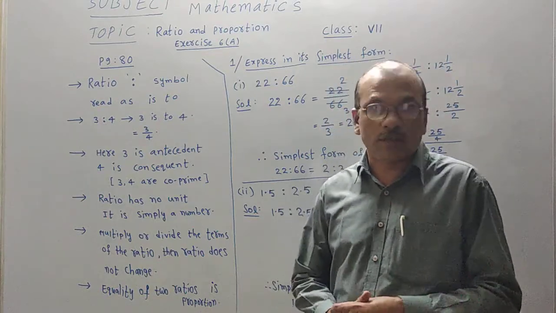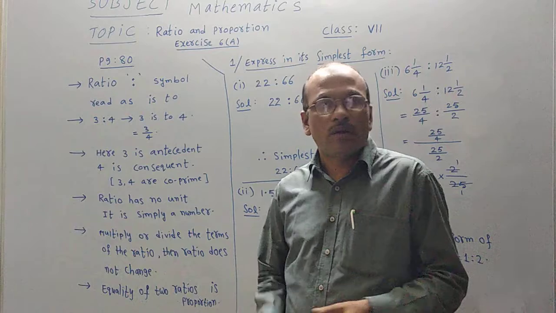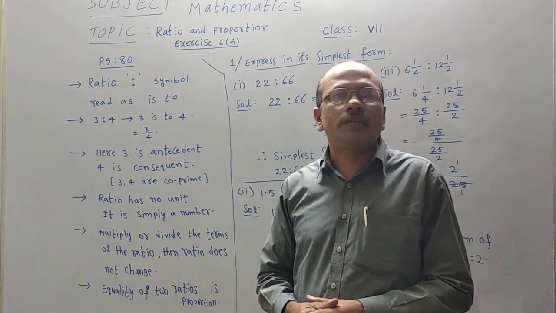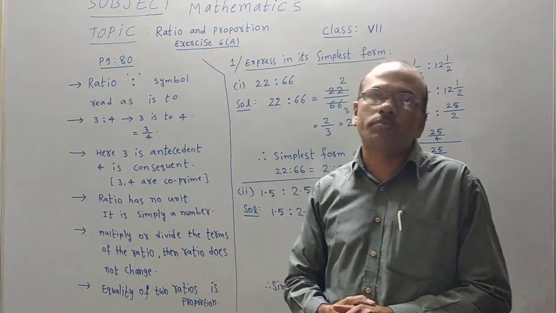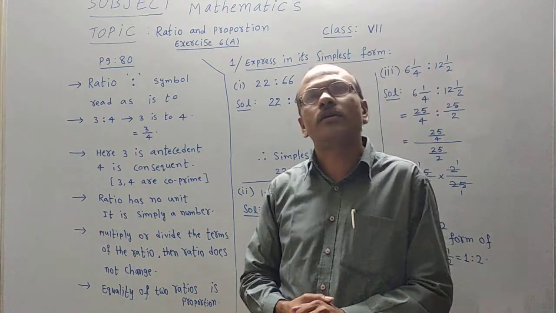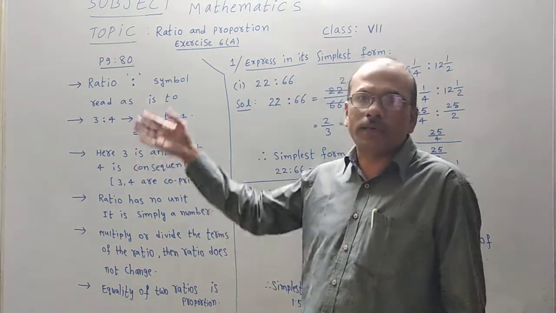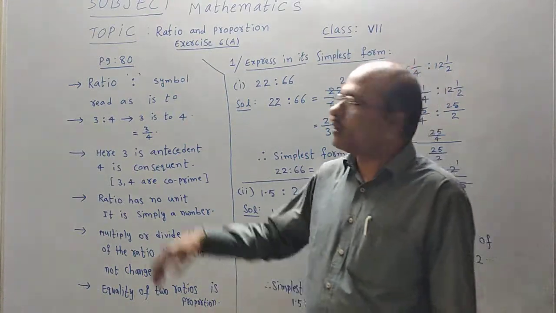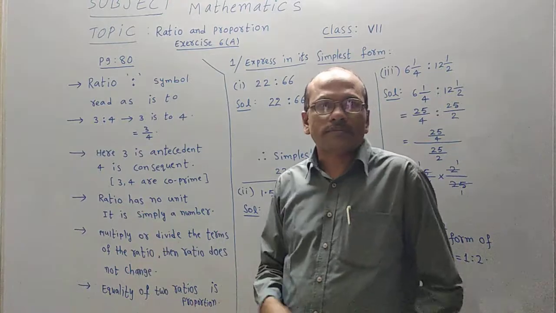Also results are given with the marks. Okay now students, let us see exercise 6A in chapter 6, that is ratio and proportion, page number 80. A little introduction part. Let us see the ratio.